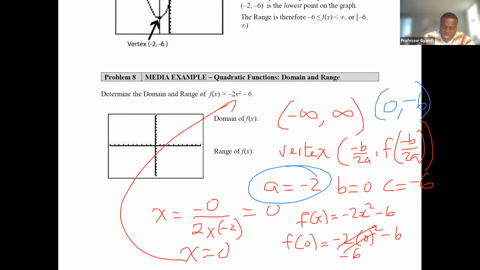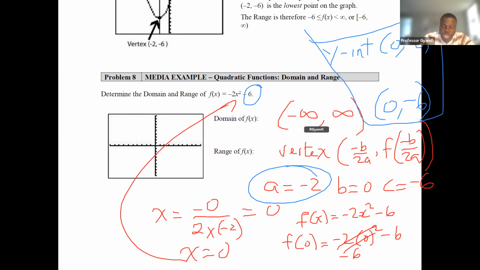Now, what is the y-intercept? The y-intercept is 0, negative 6. So look at the y-intercept and look at the vertex. They are the same. Sometimes the y-intercept and the vertex are the same.